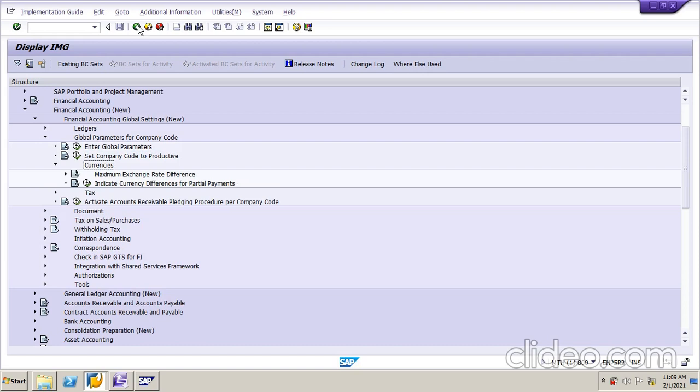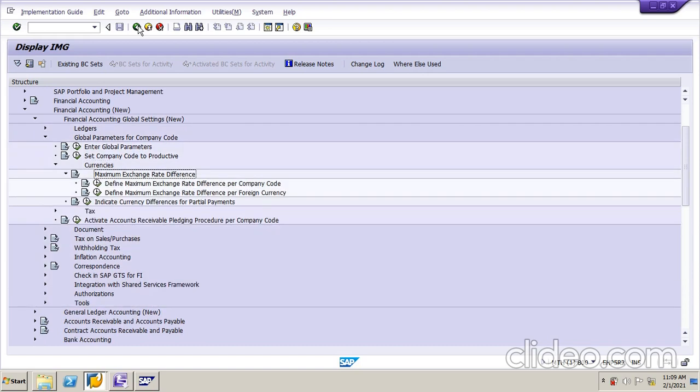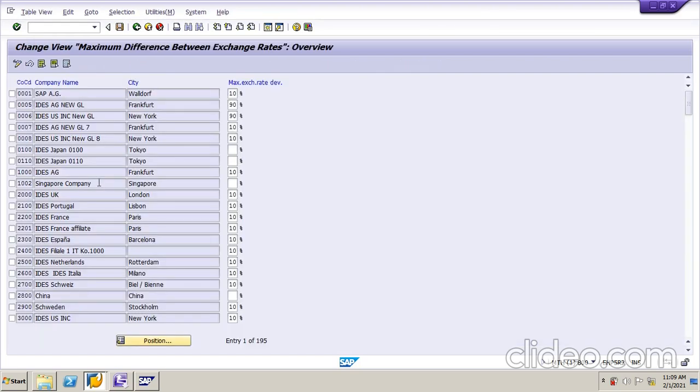This is entirely related to currency only. Maintain exchange rate differences, first one. Define maximum exchange rate differences for company code only. Open this one. This is entirely for the company.